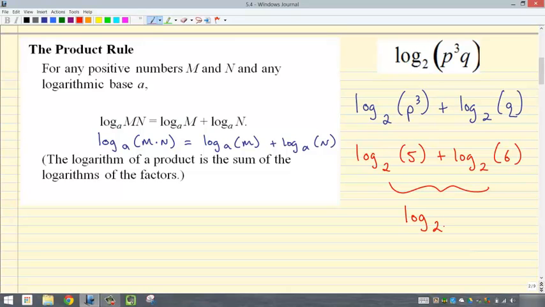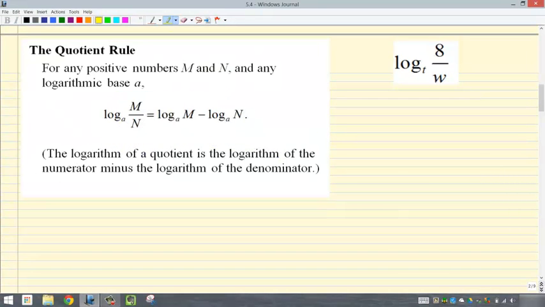That would be log base 2 of 5 times 6, which of course is log base 2 of 30. And so the rule works two ways. You can go from a single log to multiple logs, or you can go from multiple logs back to a single log.